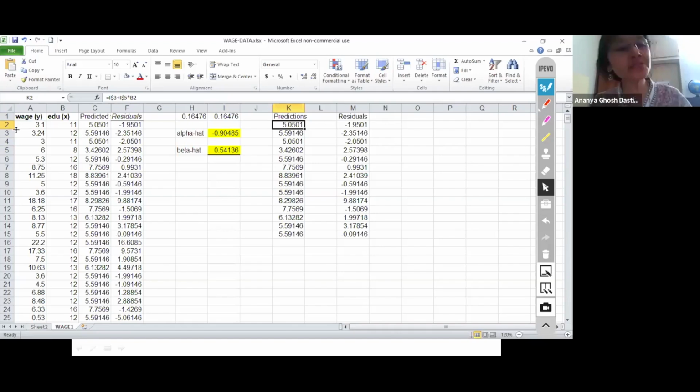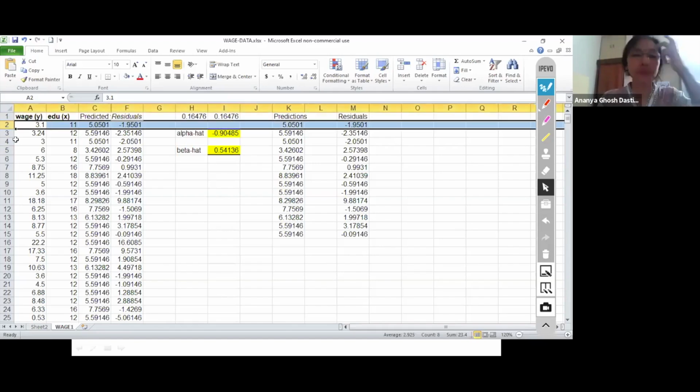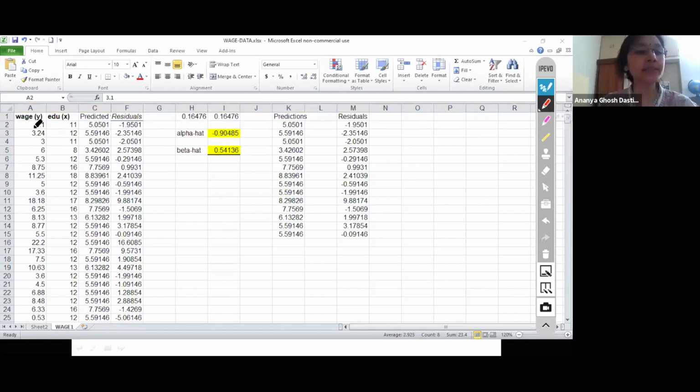Let's take the first observation. According to the data, a person who has 11 years of education has a $3.1 hourly wage, right? Now, what is the predicted wage? The predicted wage is $5.